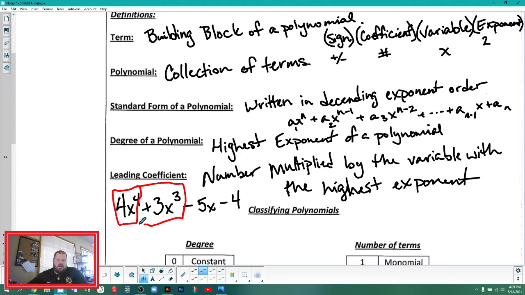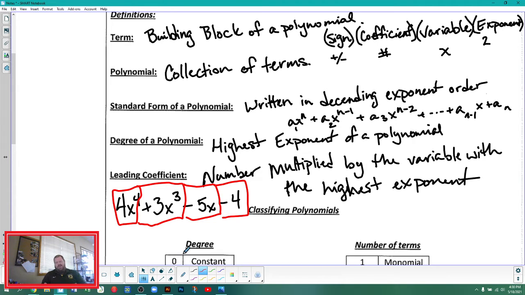That's why I consider them the building blocks of a polynomial. Terms are separated by plus signs, but there's not always a plus sign. Sometimes there's a minus, and you include that sign in what you consider the term to be. So this polynomial has 4 terms.